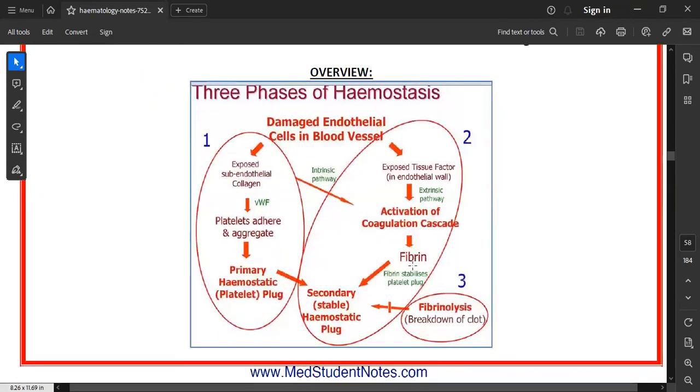So yeah, this is just what hemostasis involves. The first step is primary hemostasis. The second one is secondary hemostasis. And then once the body heals, fibrinolysis, breaking down of the clot, as you said.